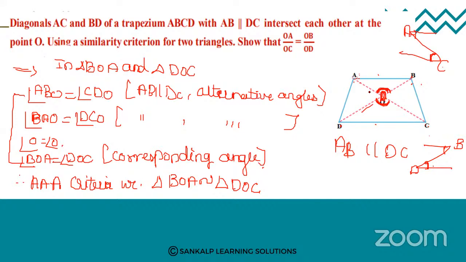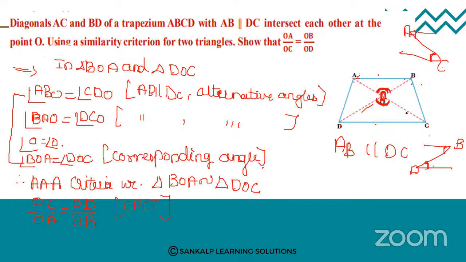Which sides are they here? OC divided by OA is equal to OD divided by OB. These are CPCT, we can call it CPCT. CPCT means corresponding parts of congruent triangles.